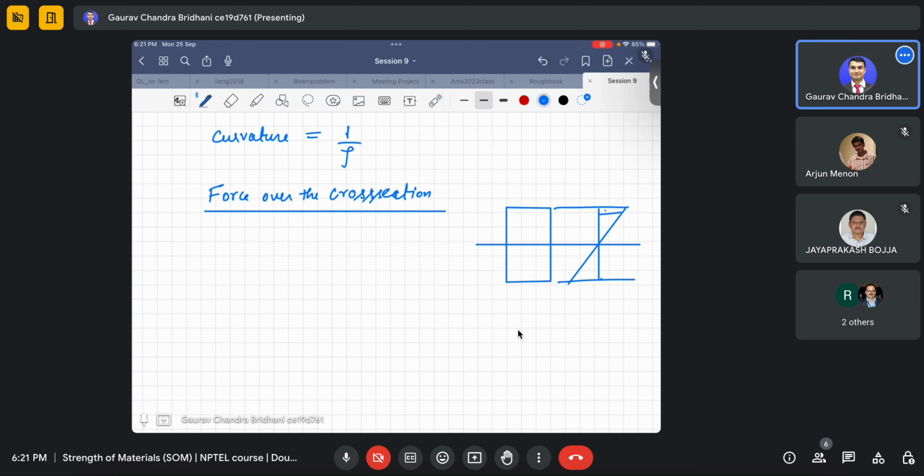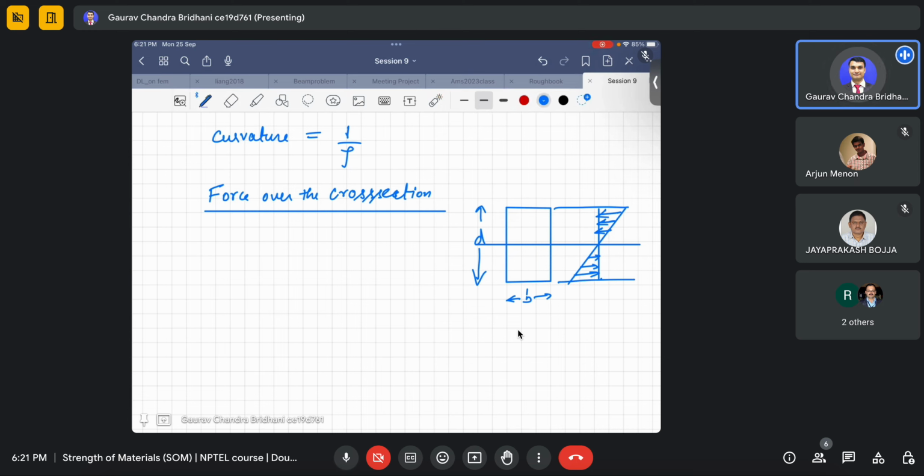It is compressive here and it is tensile here. It varies like this, with some depth d of the section and some width b. Now if you need to find the total force due to this compressive stress acting over this surface, we have to use this formulation which I am going to write here.